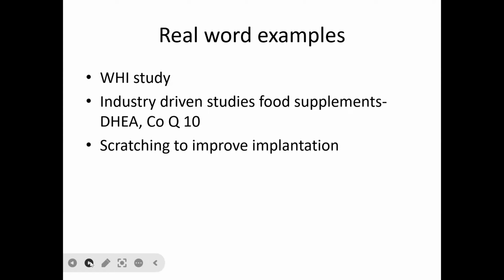So you are nowhere. Because if the studies are not good, your evidence remains of poor quality and you don't get any conclusions. Scratching also came in a big way, that endometrial scratch improves implantation. Again, very good multicentric randomized RCTs have proven that it is of no use.